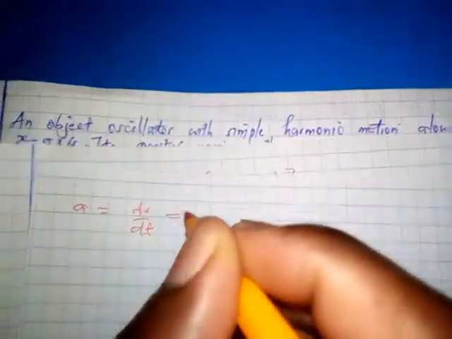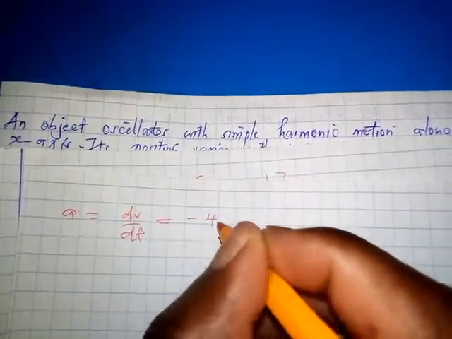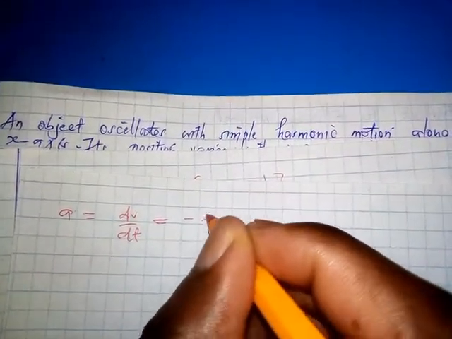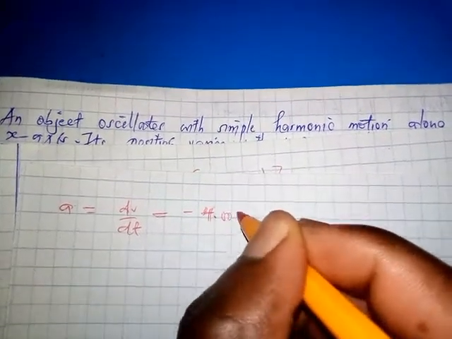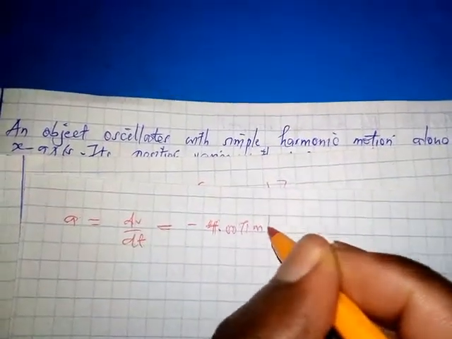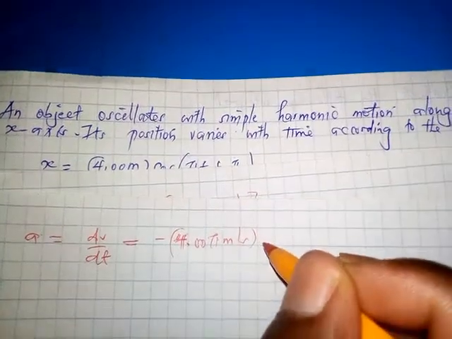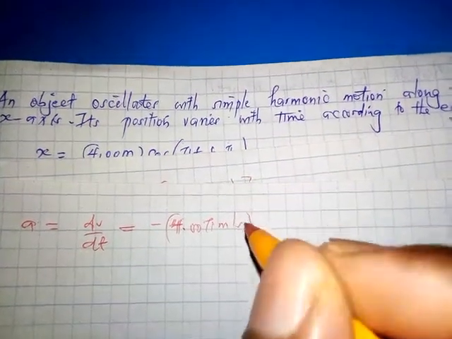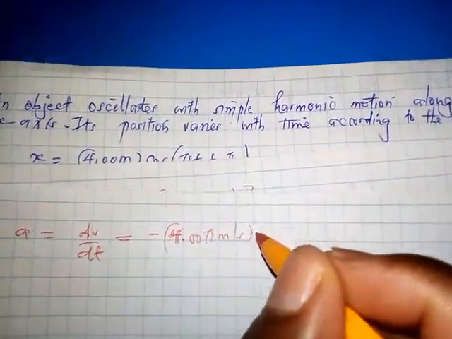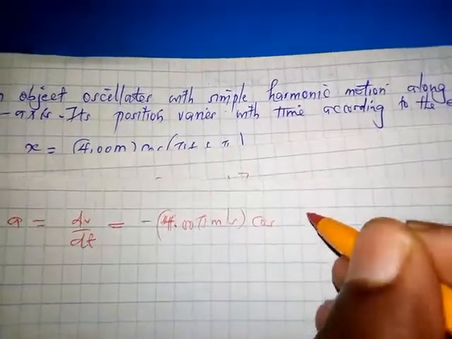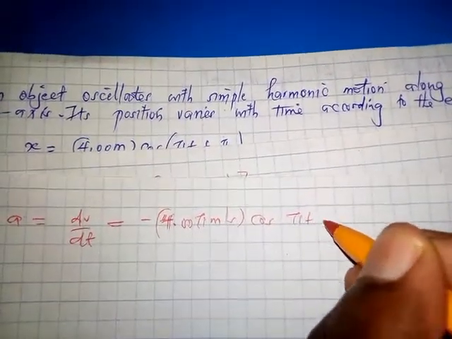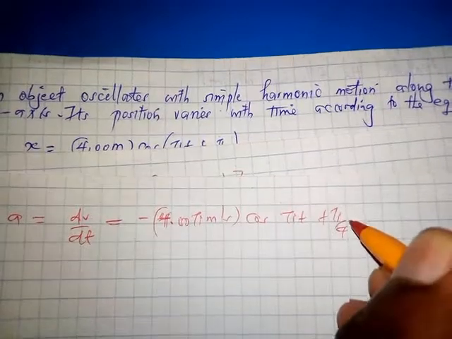v is equal to negative 4.00 pi meters per second cos(pi t plus pi over 4).